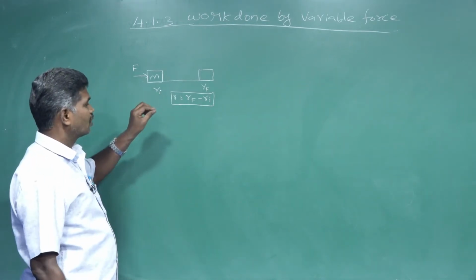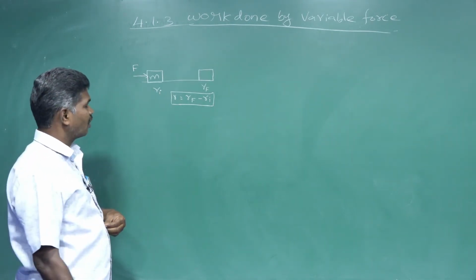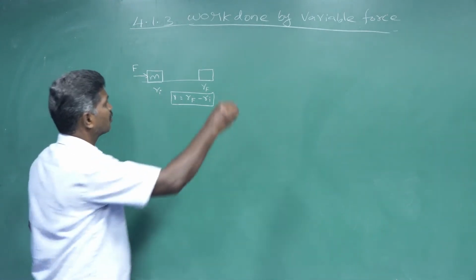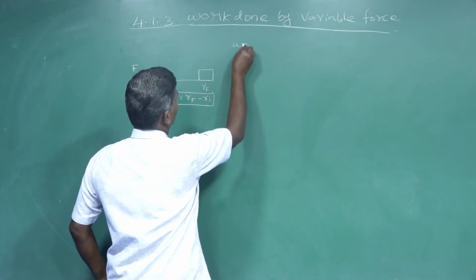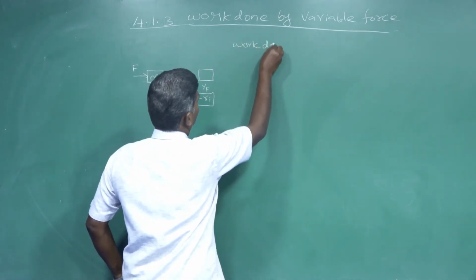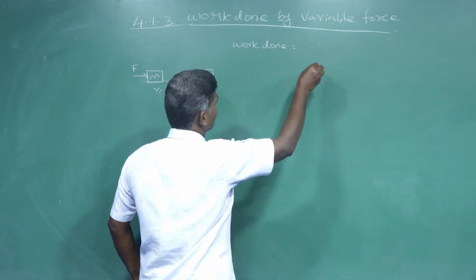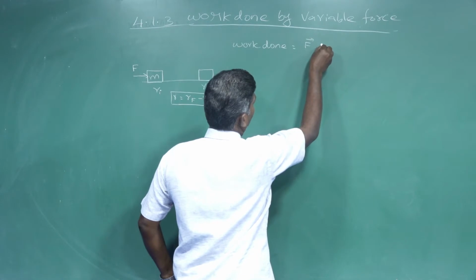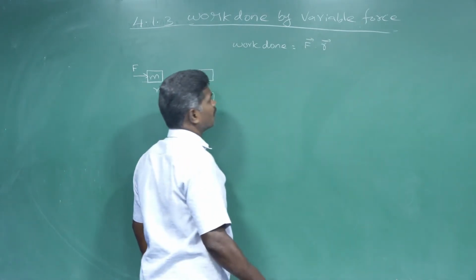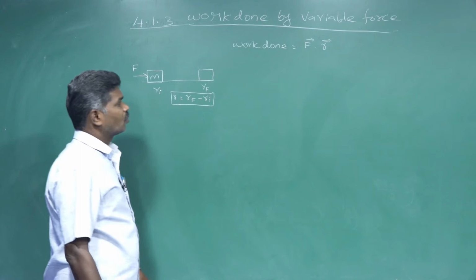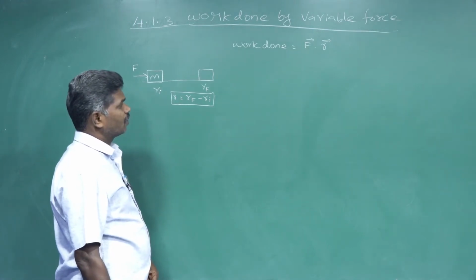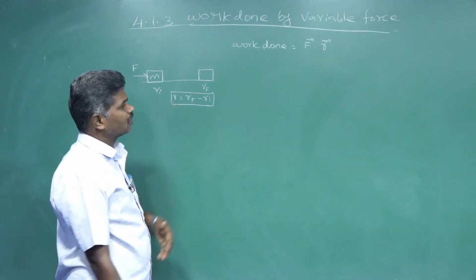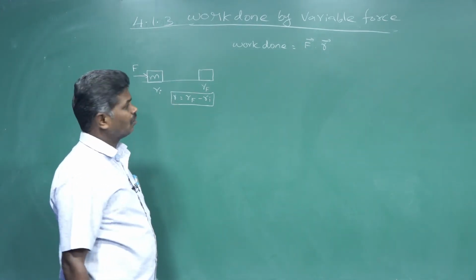Then the general formula for work done by this force is work done is equal to F vector dot R vector. Because displacement and force are vector quantities, but work done is a scalar quantity. So that's why we take work done is equal to F vector dot R vector.